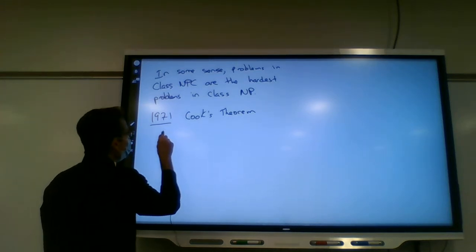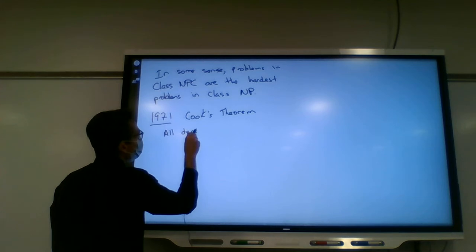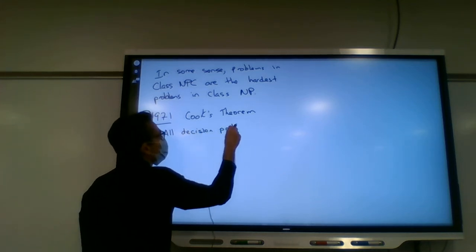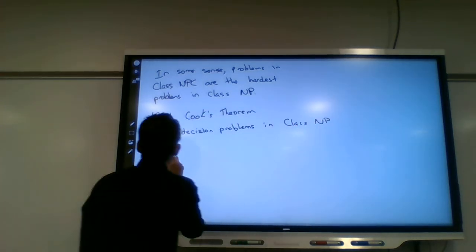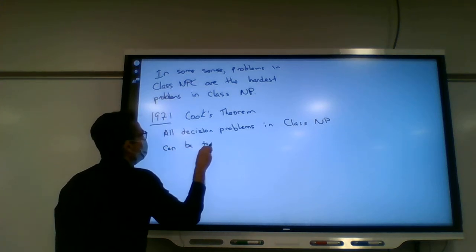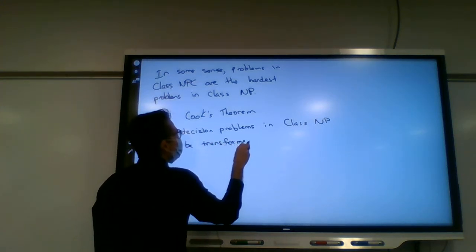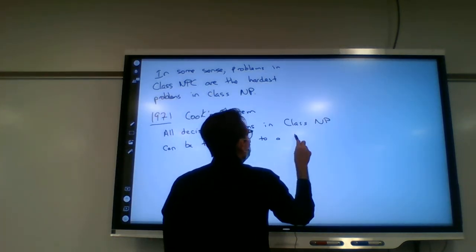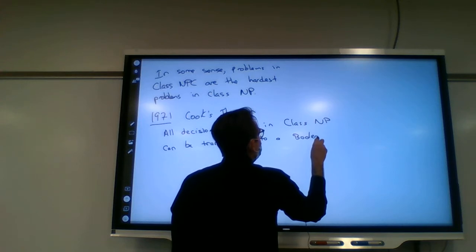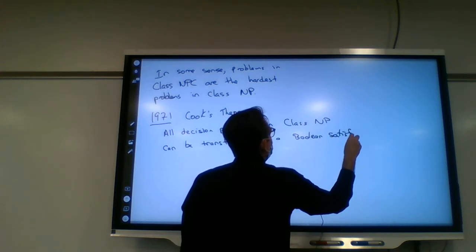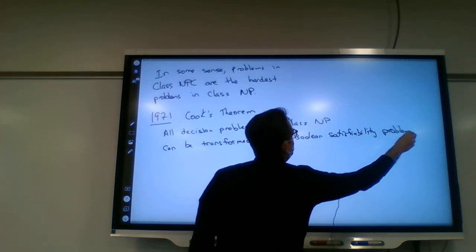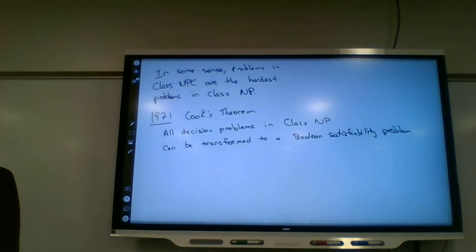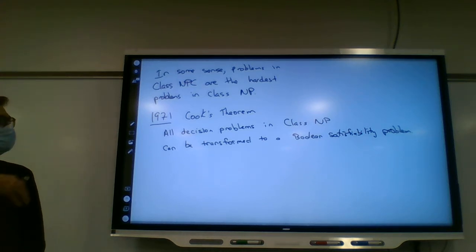So Cook's theorem says that all decision problems that can be checked quickly prove that all decision problems in class NP can be transformed into a Boolean satisfiability problem in polynomial time.